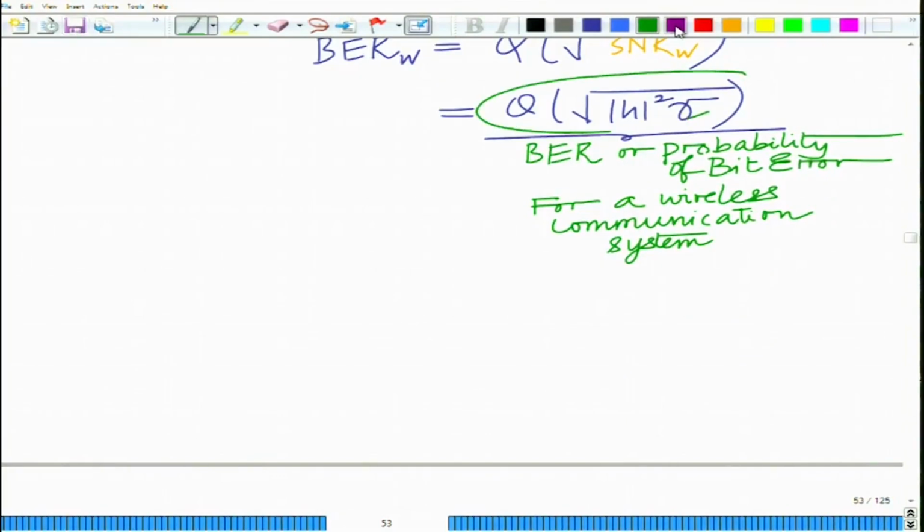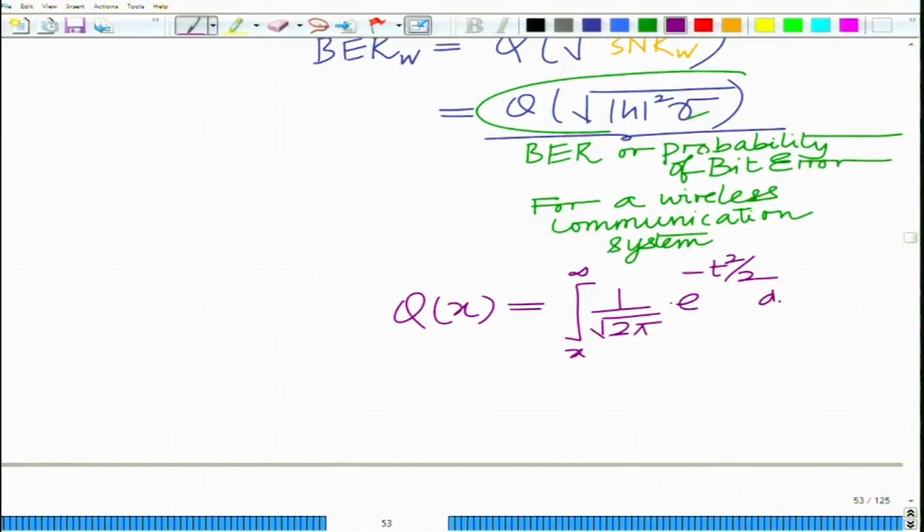We have already seen what Q of x is. Remember, Q of x is the CCDF of the standard Gaussian random variable, that is given as the integral from x to infinity of 1 over square root of 2 pi e raised to minus t square by 2 dt.